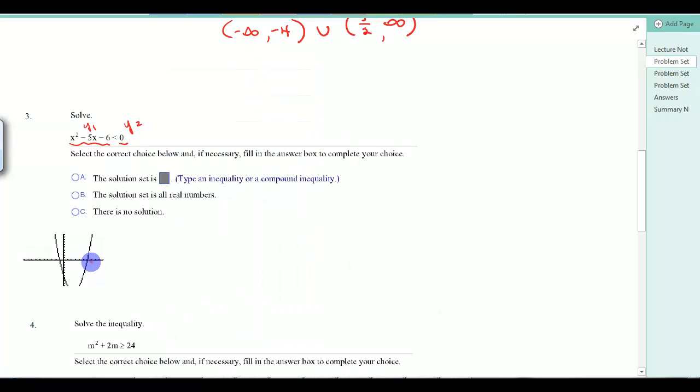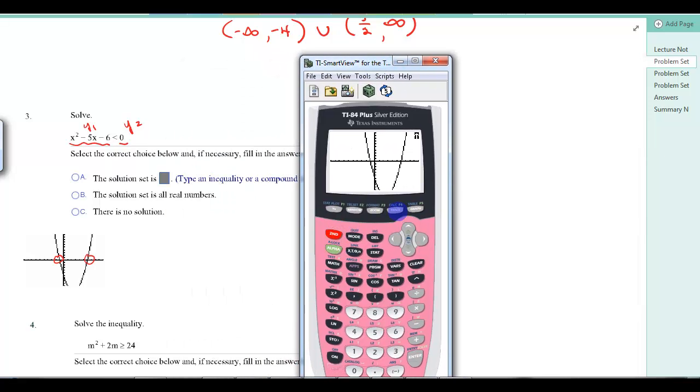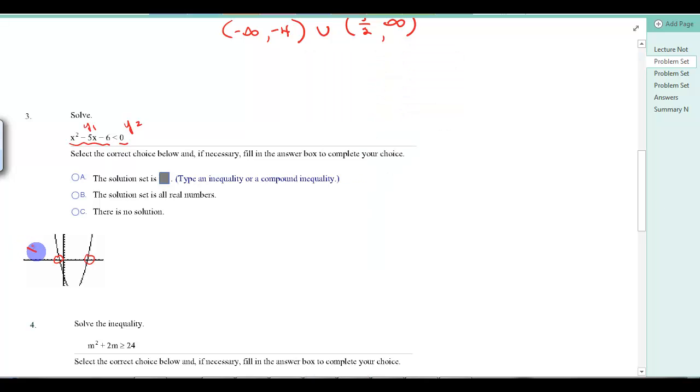So I need to figure out, all right, it's less than, so I'm going to have open circle here and here. I need to find those numbers. So you're going to do second calc 5, which is intersect, and we'll just hit enter 3 times. -1, 0. So over here we have x equals -1.